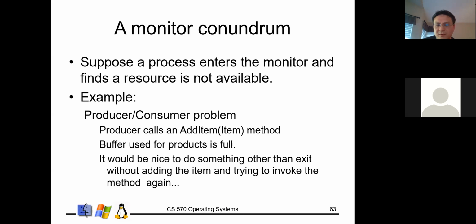But what if, after you enter the critical section, an operation in the monitor tries to access a shared resource, and that resource is not available? So you enter the critical section and you find out that the resource is not available.